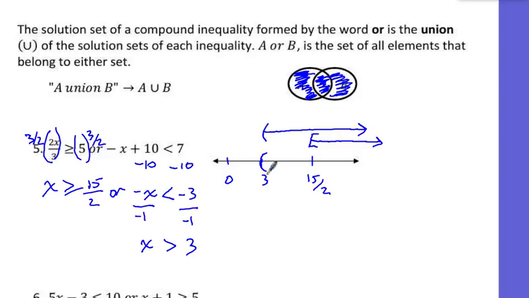So the actual answer for this solution set will be x greater than 3. And in interval notation, 3 is the lower bound, not included, all the way to positive infinity. And remember, infinity is not included because you can't put your finger on infinity on the number line. It's more of an idea, not an actual position on the number line.